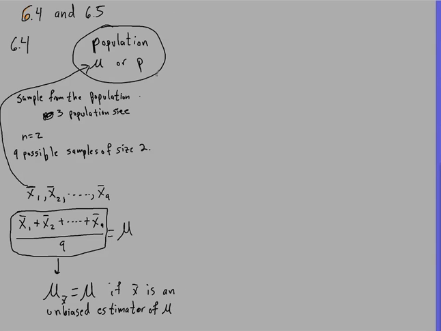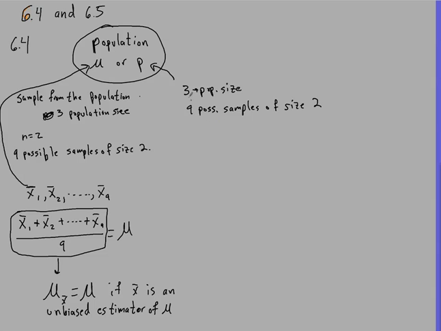Now, this was a mean. If you have a proportion, say the population size is 3, this is the percentage from your population. If we sample from this population of size 3, we'd have 9 possible samples of size 2.